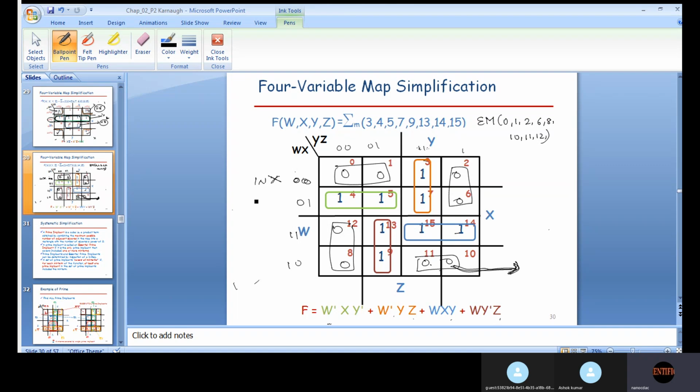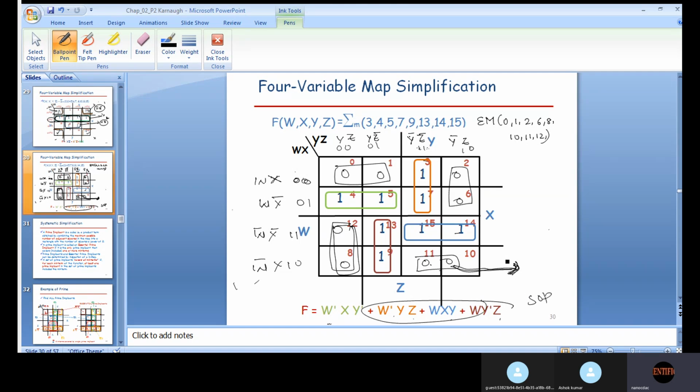So here you will get W and X, and here W X bar, and here W bar X bar, and here you will get W bar X. Okay. So here in this case YZ, Y Z bar, and here Y bar Z bar, Y bar Z bar, Y bar Z bar, and here what comes? Y bar Z. Okay. So how do you write the product for this? For this group, what is all this? SOP. Okay, so whatever we wrote, this is SOP.